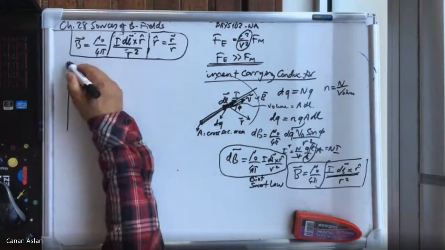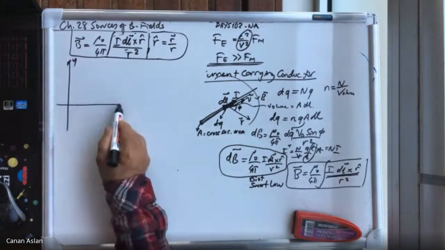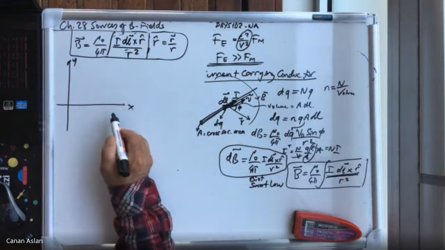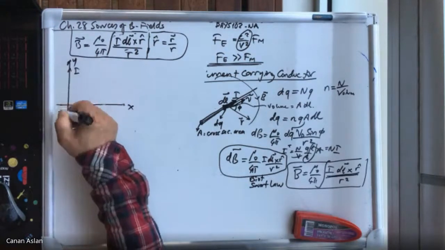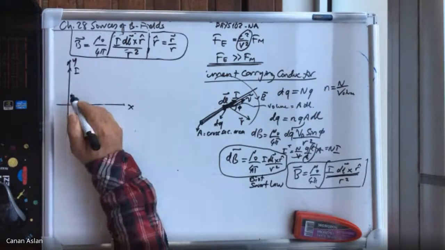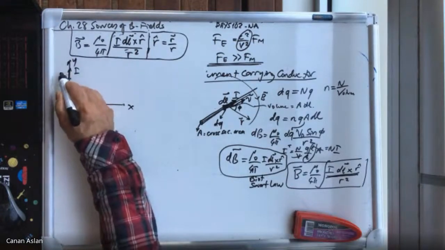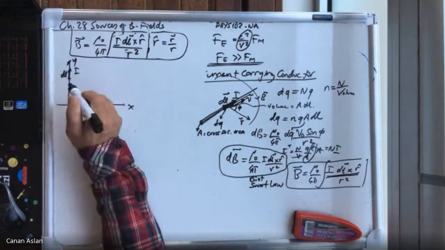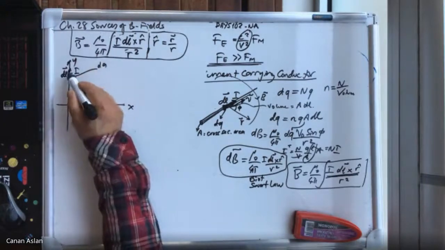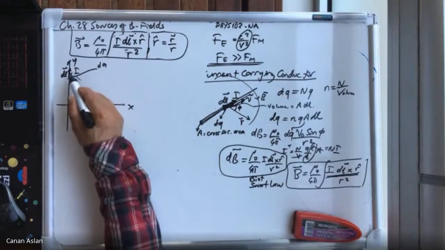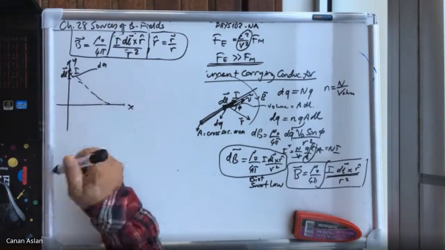Suppose we have a wire like that in the y direction. This is the x direction. The current is passing in the positive y direction, and say this is dl there. Inside there is dq, and this produces a magnetic field at this point.